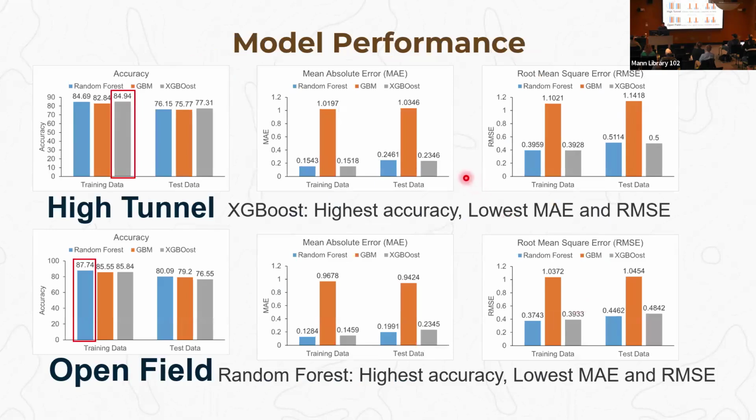Now, the performance part, and this is where it gets really interesting, is how these models perform. In high tunnels, XGBoost performed the best with 85% accuracy and lowest errors. In open fields, random forest performed the best with 88% accuracy and lowest errors.